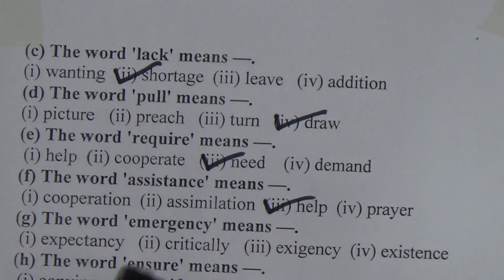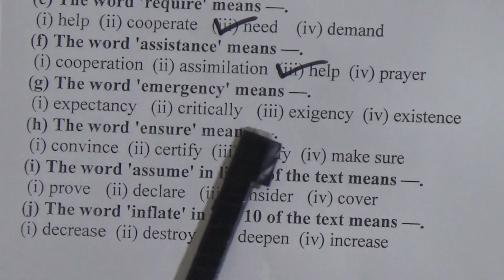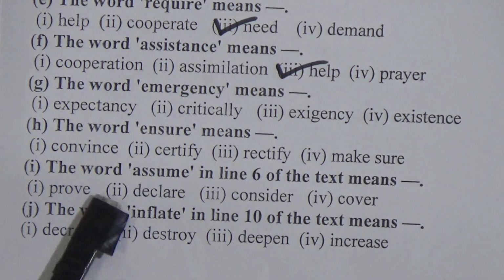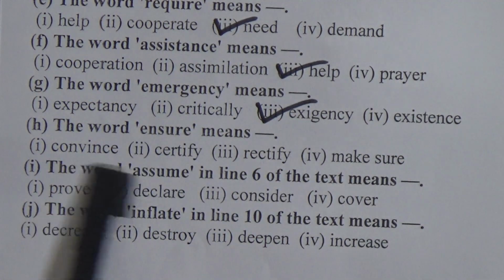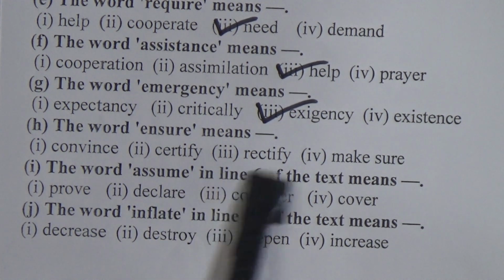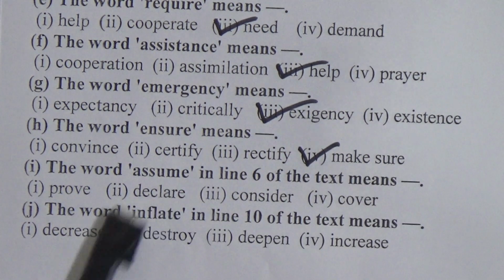The word emergency means expectancy, that's come from expectation, critically, exigency, existence. So emergency means exigency. The word ensure means convince, certify, rectify, make sure. So ensure means make sure.